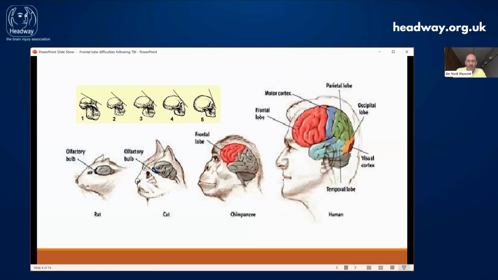So yes, here's a pictorial representation in the top left-hand corner of our evolutionary development from Australopithecus to Homo habilis, Homo erectus, Homo neanderthalis, and ultimately Homo sapiens, which shows you how our skull has grown to accommodate our brain, which has grown through evolution.